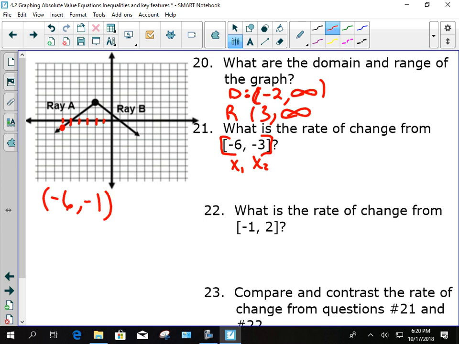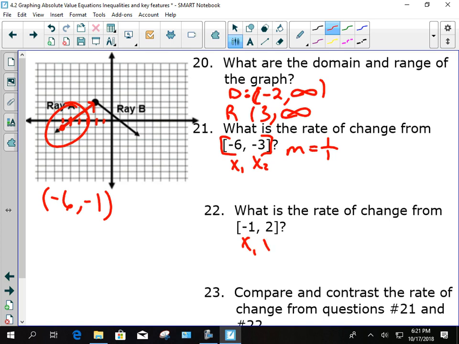Now, you don't need to calculate y2 minus y1, because I'm talking about this ray right here. From left to right, it's increasing. It goes up from left to right. So the rate of change, we already know it's 1/1. I told you that. So your m equals 1/1 or 1, because it's on this ray. Your rate of change is increasing.